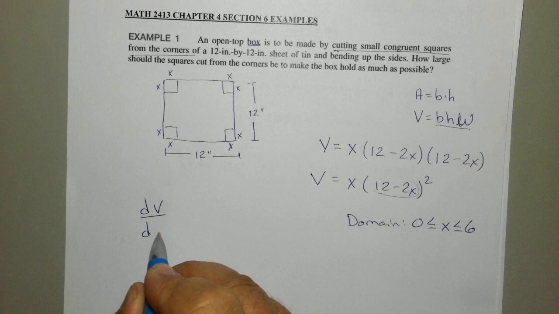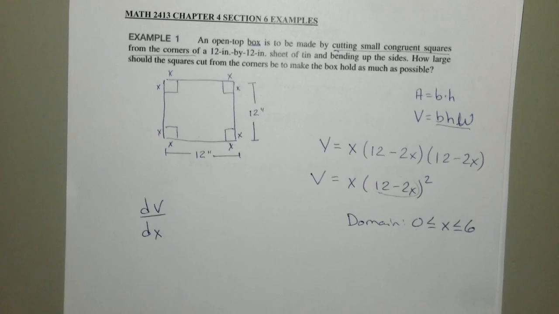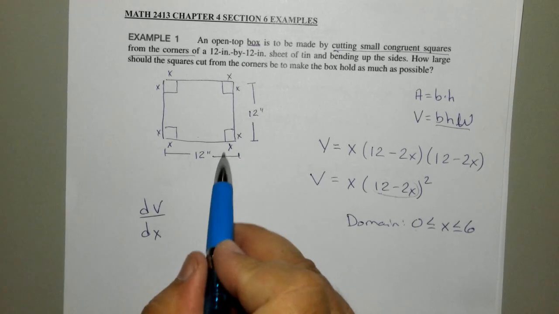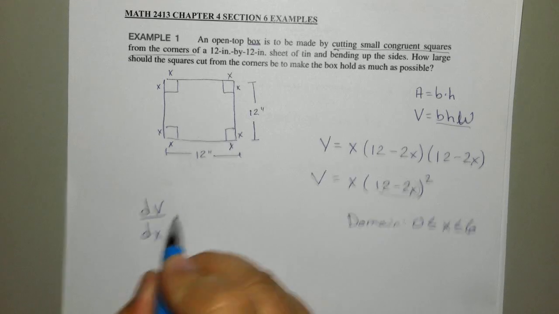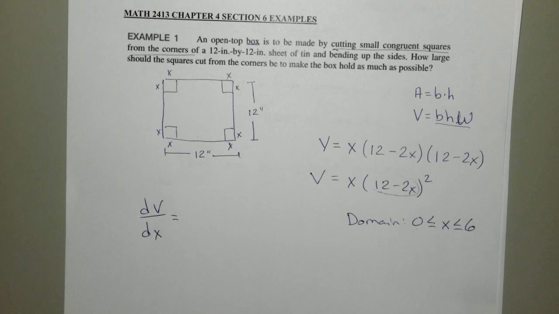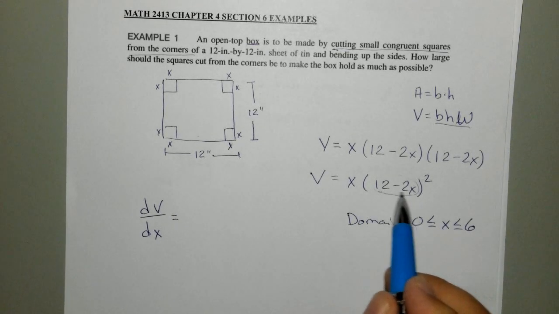The x. Why the x? Because that's the part of the tin sheet that's variable. Depending on the size of the x, that tells you whether you have a maximum or minimum volume. So take the derivative of this function here.